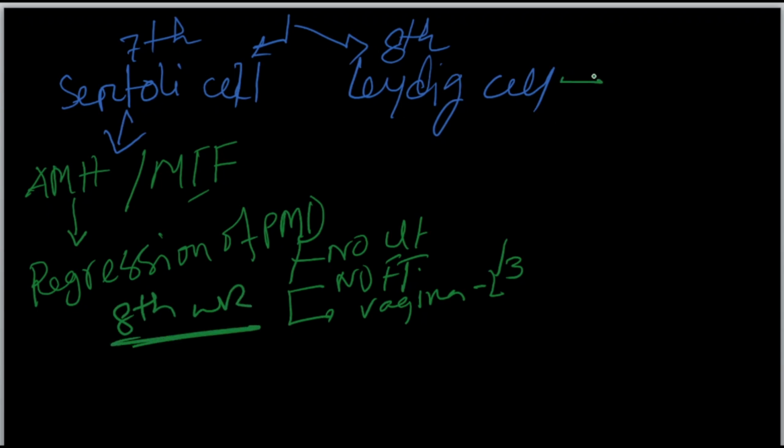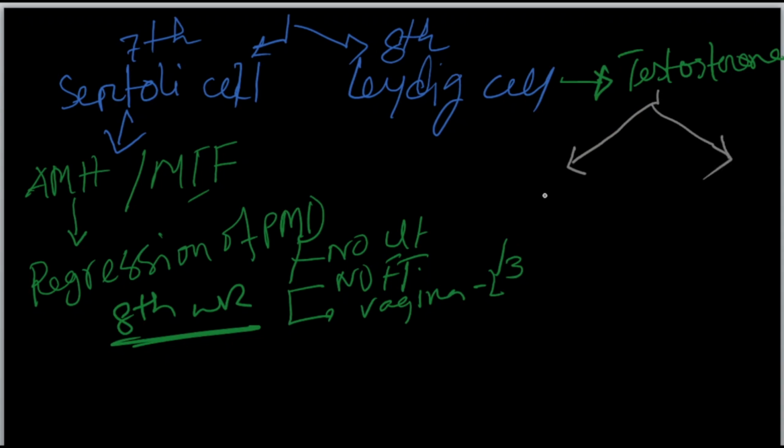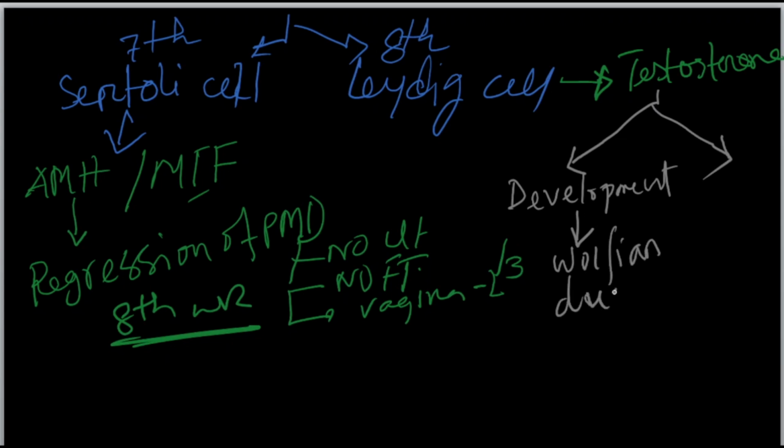Now, the Leydig cell. The important hormone secreted from the Leydig cell is testosterone. It is known as the male hormone, and it gives rise to formation of male genital organs. Testosterone has two important functions. One is that it helps development of the male genital duct, that is the Wolffian duct or mesonephric duct.